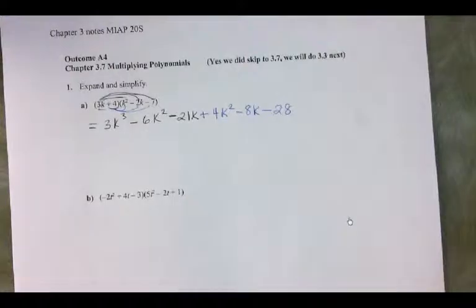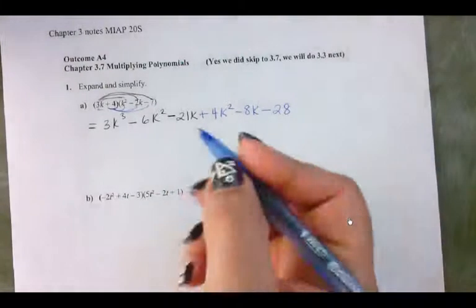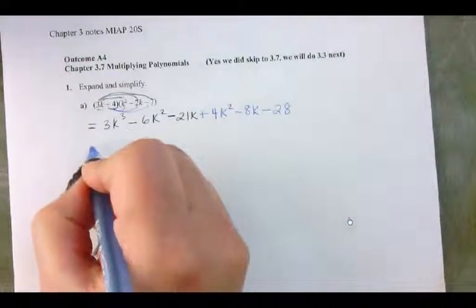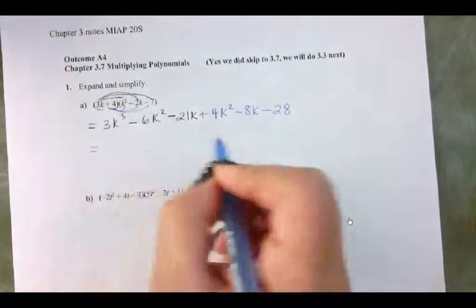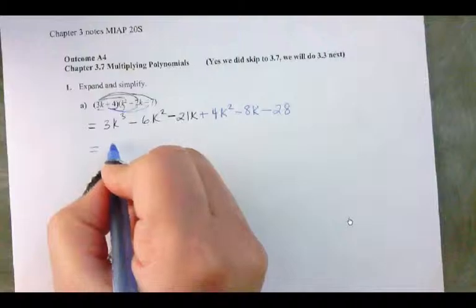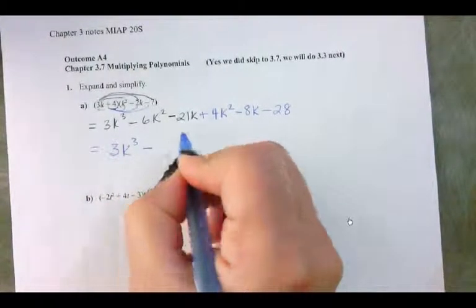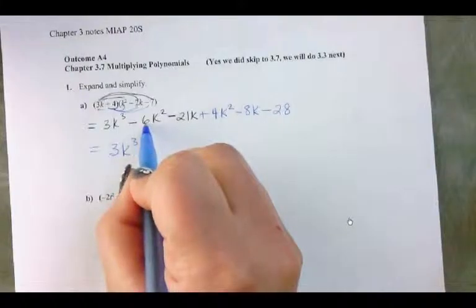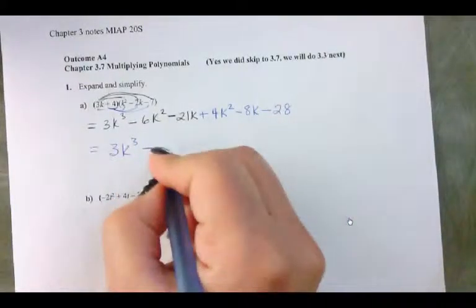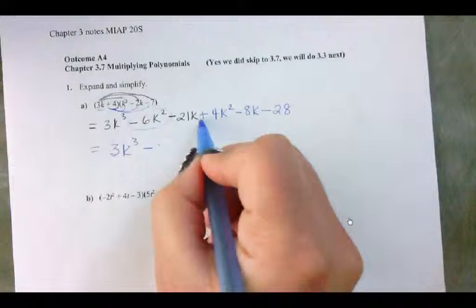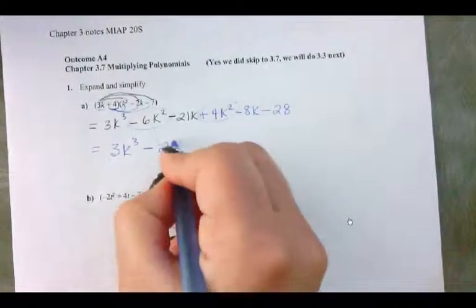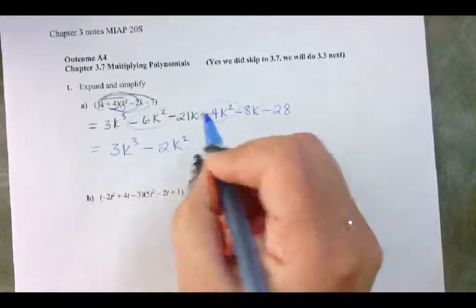Now what we have to do is combine like terms and simplify. So all your k cubes go together, k squareds go together, k's, and then your constants. All right, so this is the only 3k to the power of 3. And then our k squareds, this guy and this guy, minus 2k squared.